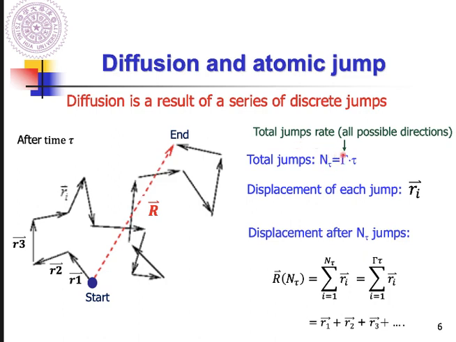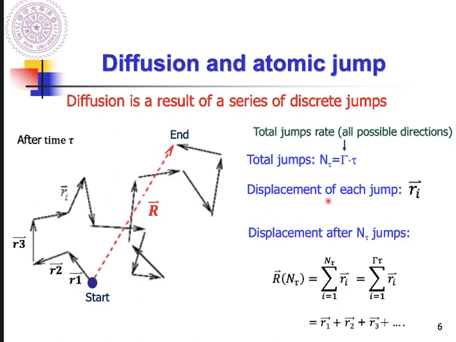In the previous slide we used gamma prime, which is the jump rate along one direction. But here you need to consider all possible jump directions, so we call it the total jump rate, including all possible directions, and times tau you get the total number of jumps.